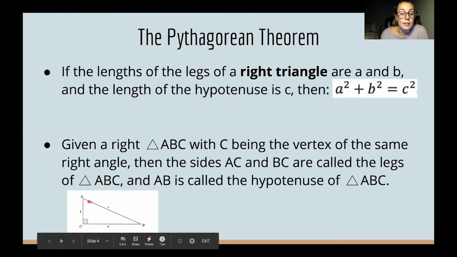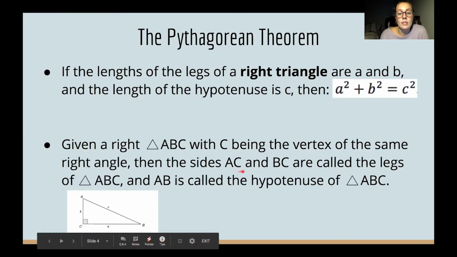And AB is called the hypotenuse of the triangle ABC. So we just said, if we go back to the first bullet point, we know that little a right here and little b are our legs of the triangle, and our C is the hypotenuse. So that's also going to be the longest side of the right triangle.